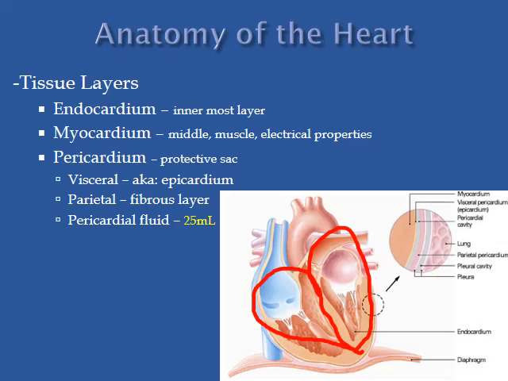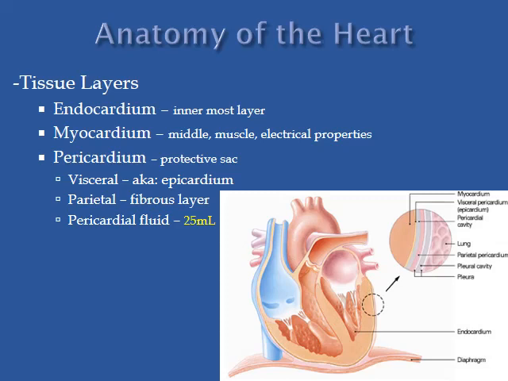Then you've got the pericardium. It's the protective sac, and that protective sac is broken down into two layers. The visceral, sort of like the pleura in your lungs, where you have a visceral and parietal pleura. Well, you have it around your heart too. The visceral layer is your epicardium, which goes right on top of the heart muscle itself.